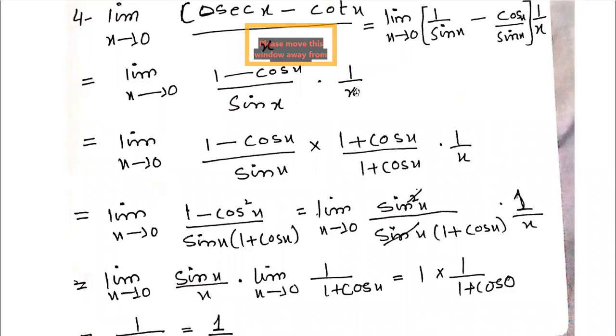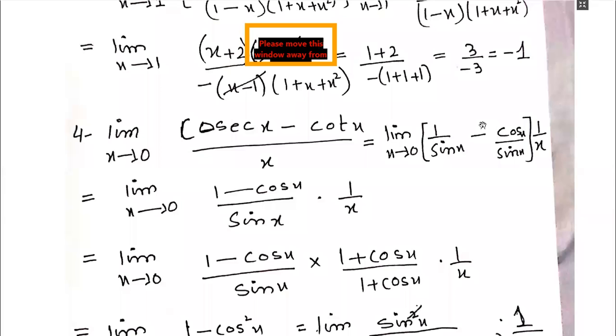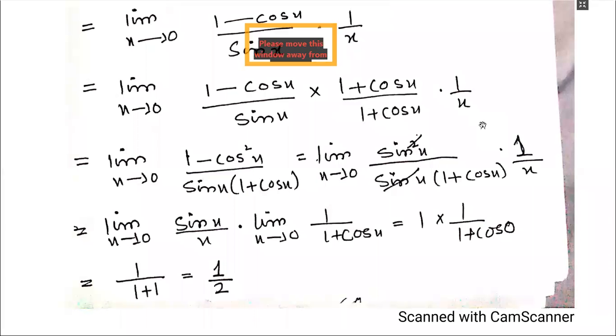Then sin x upon x, what is sin x upon x? The limit as x tends to 0 of sin x upon x equals 1. This is a useful limit we did last time. And applying the limit here, cos 0 equals 1, and 1 plus 1 is 2.